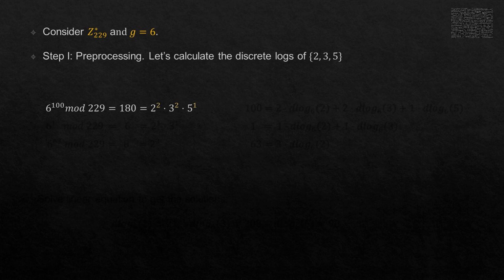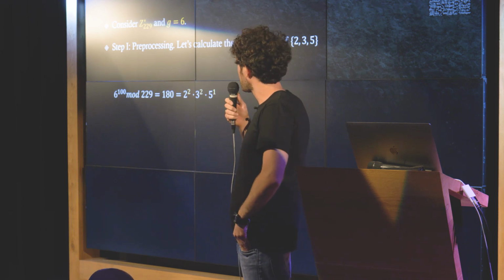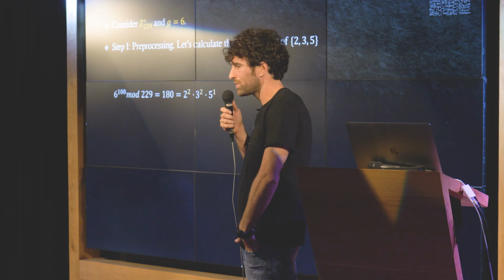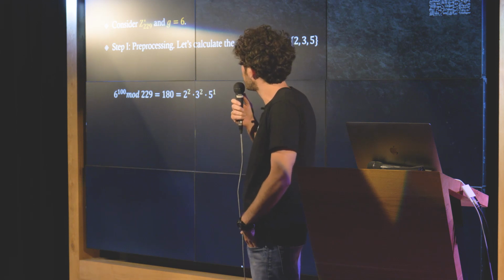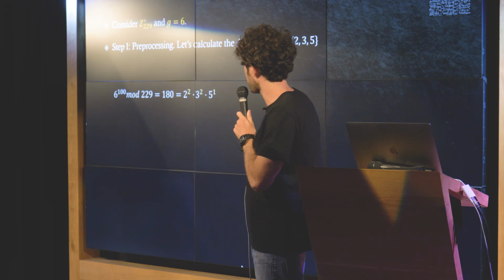What do I mean by guessing? You see there is this 100 there. I just guessed it. I took a random number. I computed what is 6 to the power of 100. It happens to be equal to 180, which is not special other than the fact that I know how to decompose it into these specific primes 2, 3, and 5.